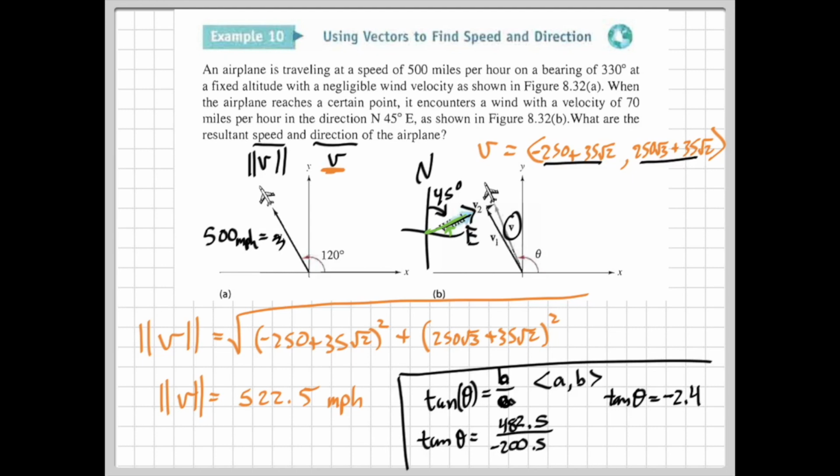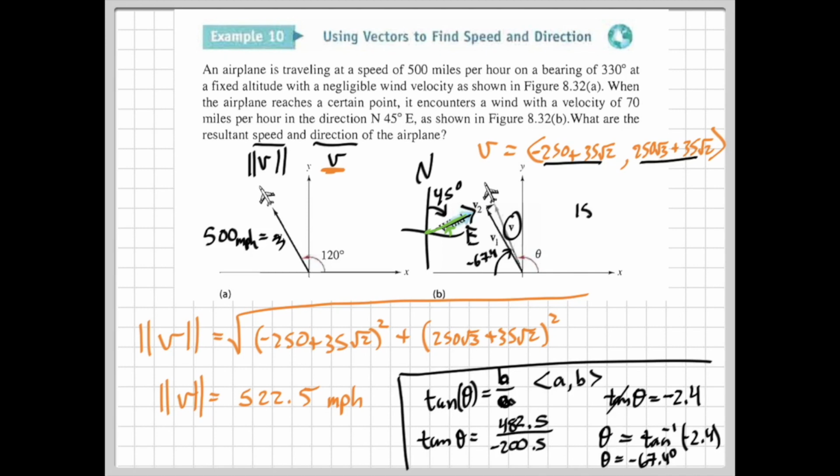And so now I need to do the arc tangent of that, so I can cancel out the tangent and have theta all by itself. So what is arctan, or I could say tangent inverse, of negative 2.4? I got negative 67.4 degrees. So that would be this angle right here, negative 67.4.